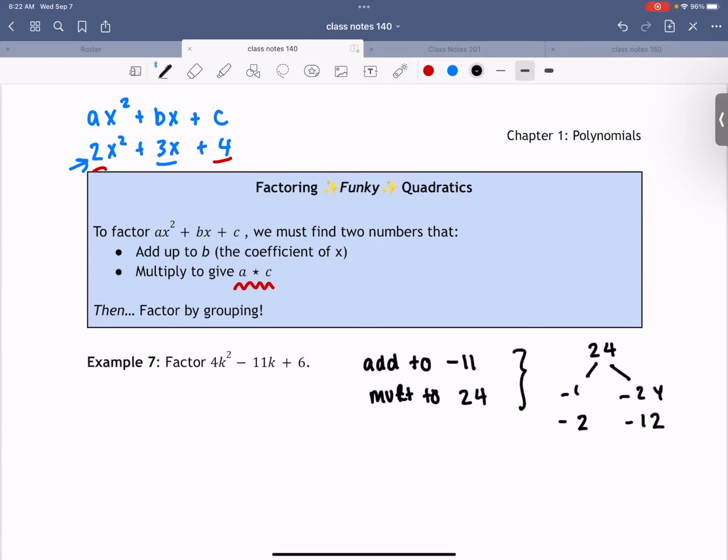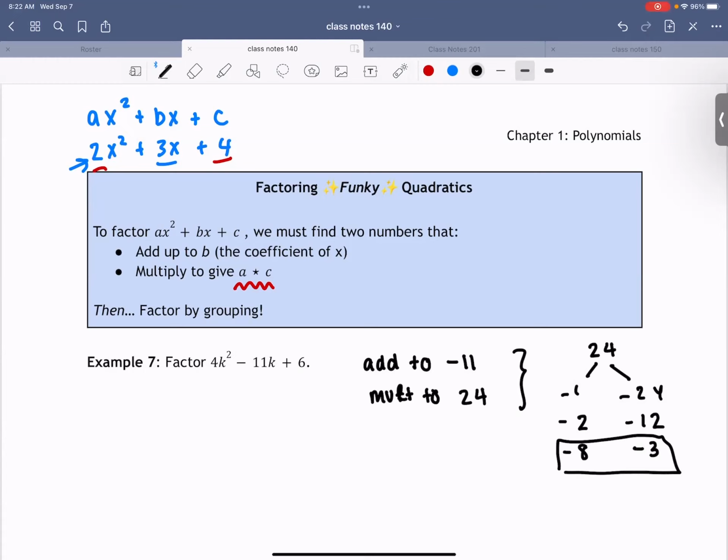I'm not very good at doing mental math in my head. Any other ideas? Robert? -8 and -3, right? 8, 9, 10, 11. Add to -11, multiply to 24. So this is the pair that we are looking for. Any questions on how I got those two numbers?